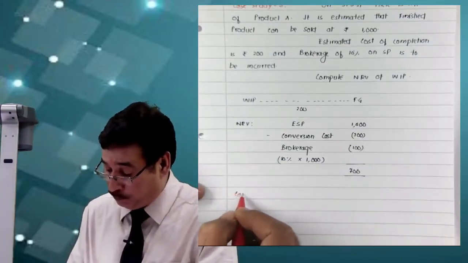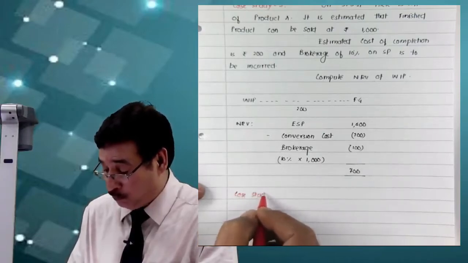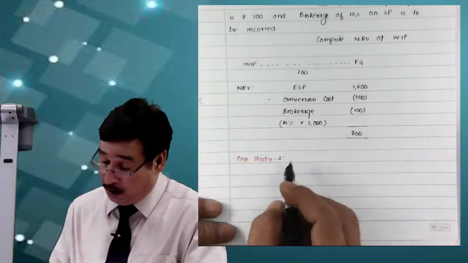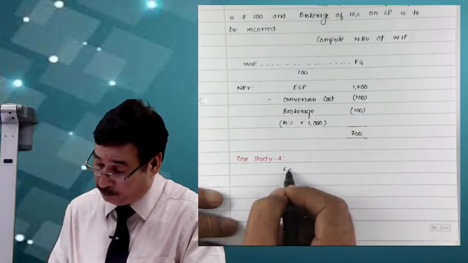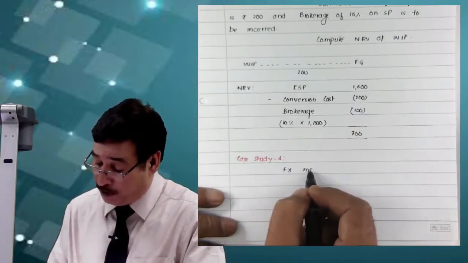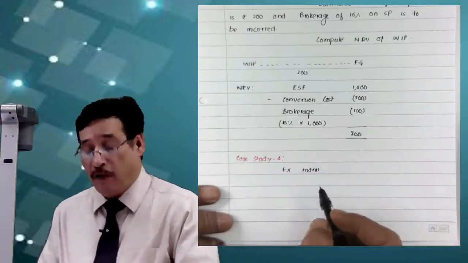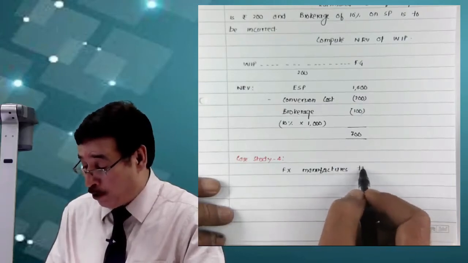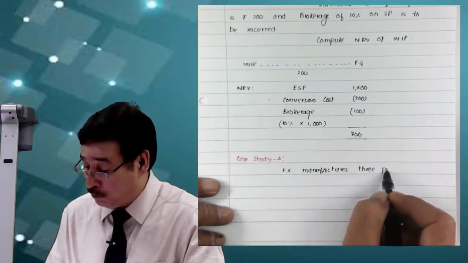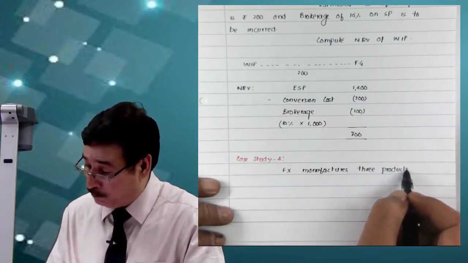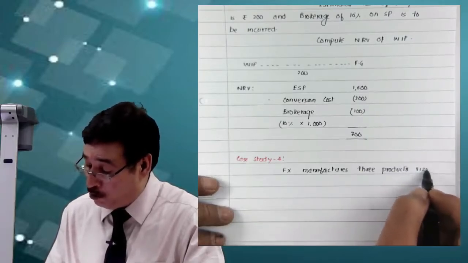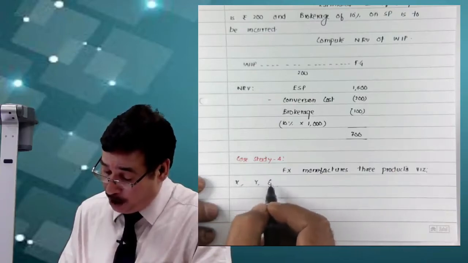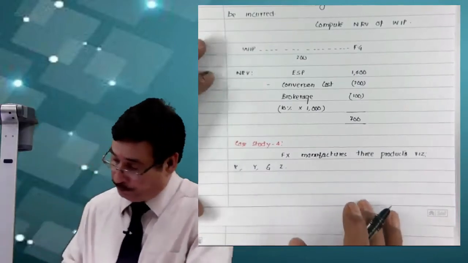Case study 4. FX manufactures 3 products, X, Y, and Z, correct?